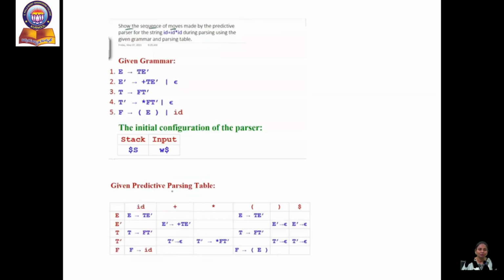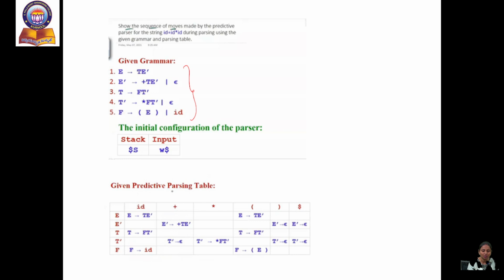We have one grammar here, E derives some. For applying the top-down approach, the grammar should not consist of any left recursion and left factoring. So first of all, you have to check for that. In this grammar, there is no left recursion and no left factoring.